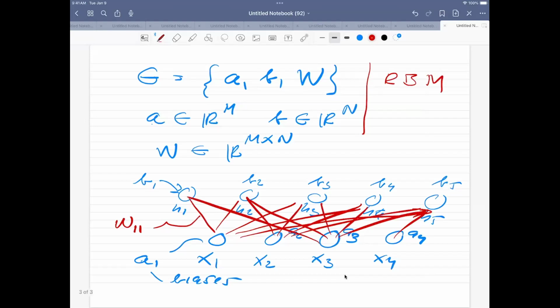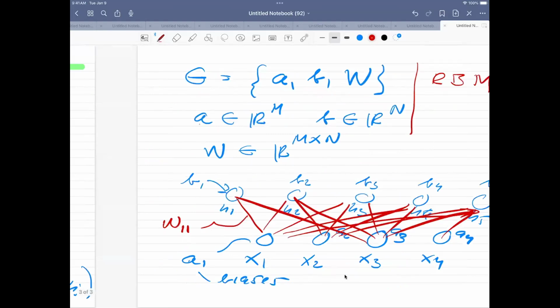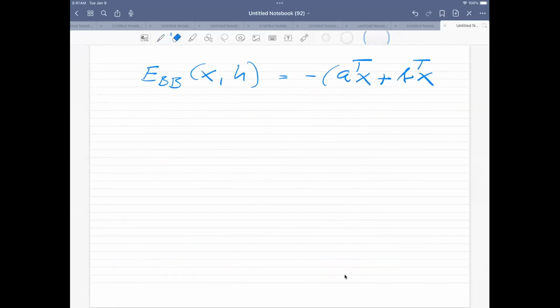Now, if you look at this model which we have here, this E tilde, if we rewrite this in a more compact notation, it means that this model E tilde for vector X and H, and I'm leaving out this theta just for simplicity, you would write out as minus the transpose of the vector A multiplied with the vector X, plus the transpose of the vector B times H. Sorry, this should be an H here.